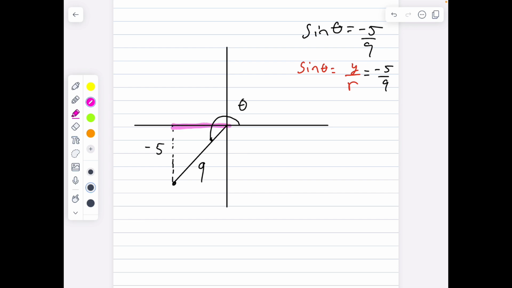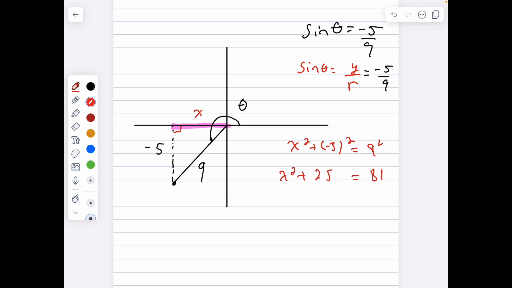And how do I find that? Well, you have the Pythagorean theorem that you can always use. When you draw this triangle, you can always use the Pythagorean theorem. Let's call this x right here. You would have x squared plus minus 5 squared equals 9 squared. 81, 25.